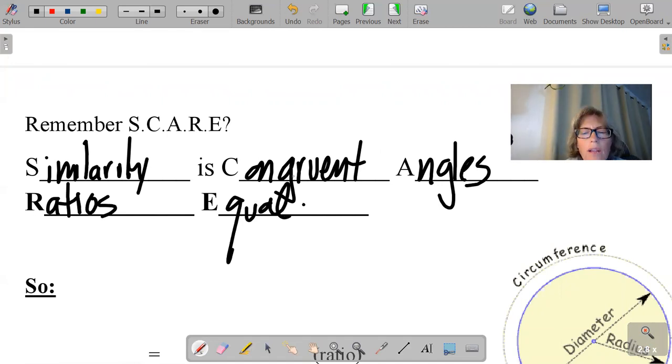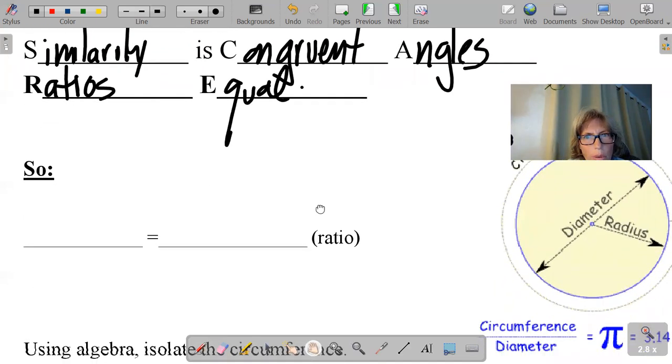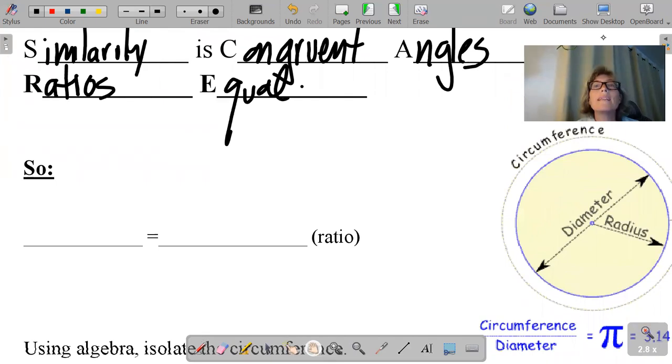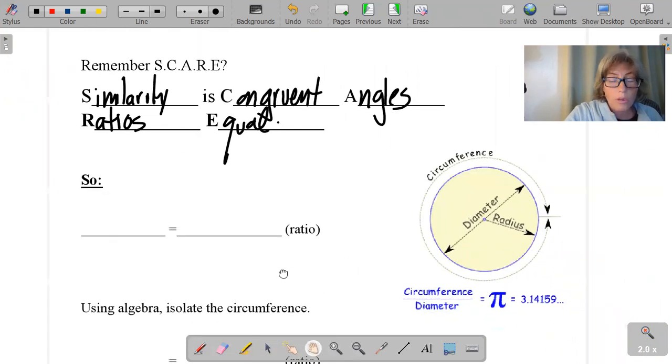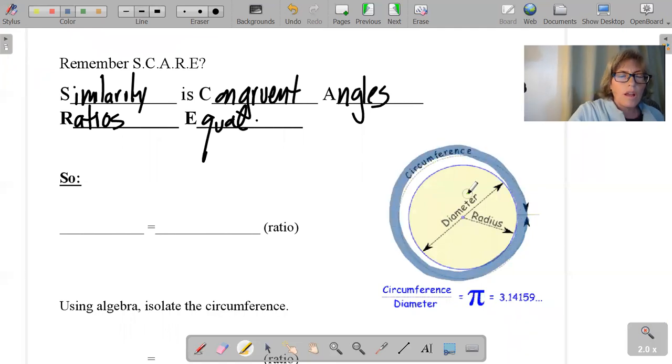Similarity is congruent angles, ratios, equal. So this is the ratio that is very special, that is true in all circles. If ratio means division, if you take the circumference of a circle and you divide by the diameter, you get the same ratio.